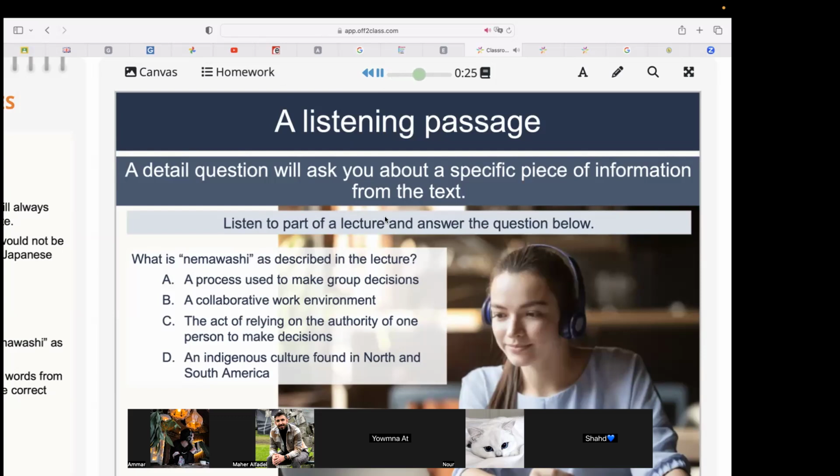Decision-making in Japan usually involves lengthy discussions to reach a group consensus, known as nemawashi. This gives everyone a voice in the decision-making process and helps maintain a harmonious and collaborative work environment. Indigenous cultures in North and South America also have strong traditions of consensus building and group decision-making.